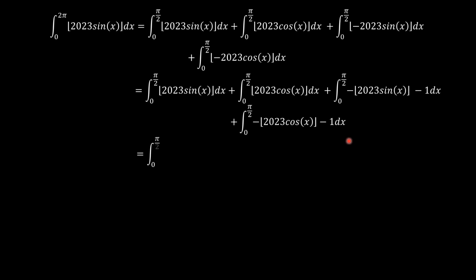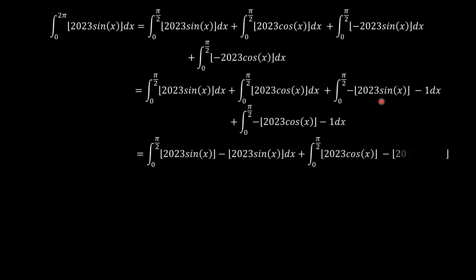And so we can collect like terms here. So this is the same as the floor function of 2023 sine x minus the floor function of 2023 sine x here. And again, the floor function of 2023 cosine x minus the floor function of 2023 cosine x. So these cancel out, so you have 0 here. And then we have the negative 1 here and negative 1 here.